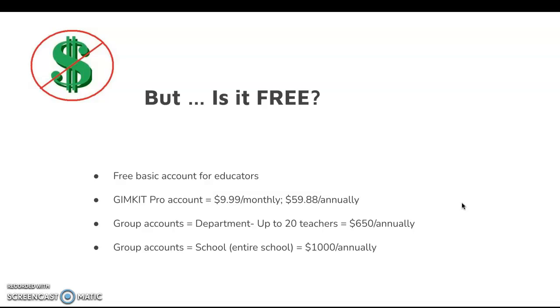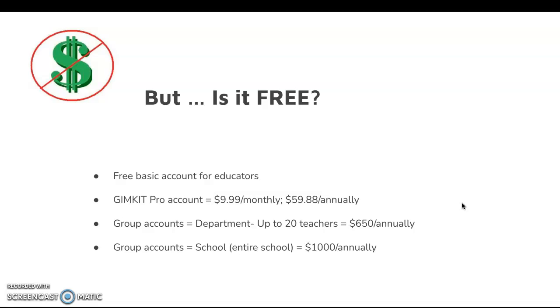And from what I can tell, with the basic account, you only get 3 of those, and that's not really great. The GIMKIT Pro account is $10 a month or $60 for a year, which isn't bad. Maybe especially as a librarian, because you do have a budget that you could spend on subscriptions. But if we're spending $60 a pop on 6 subscriptions to things like this, it does get up there.